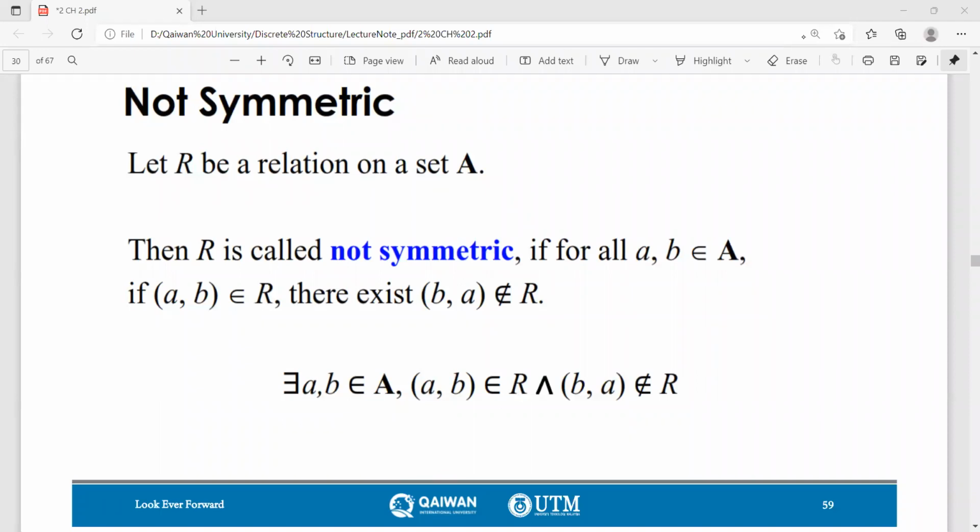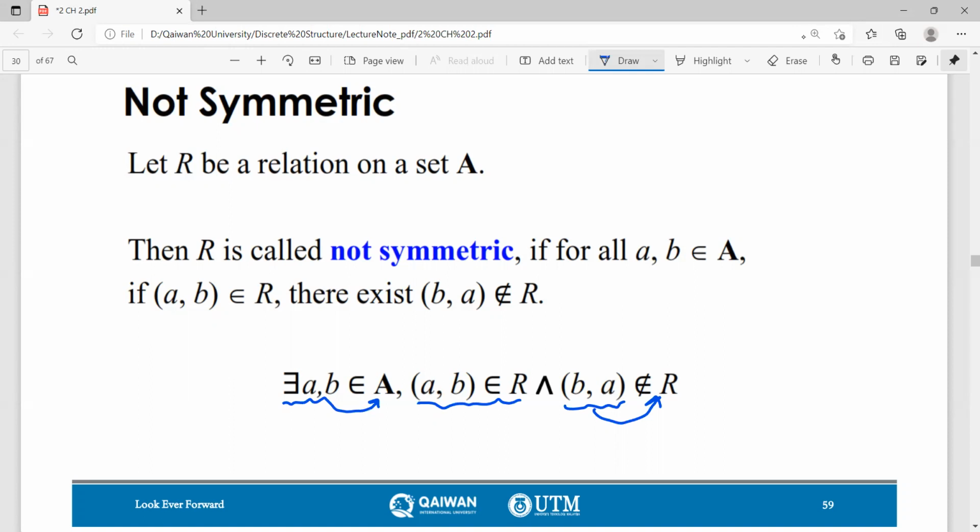We now have not symmetric. For not symmetric, we say if there exist (A,B) in the set A such that (A,B) is in R and (B,A) doesn't belong to R. That means if there is at least one one-way arrow, we say the relation is not symmetric.